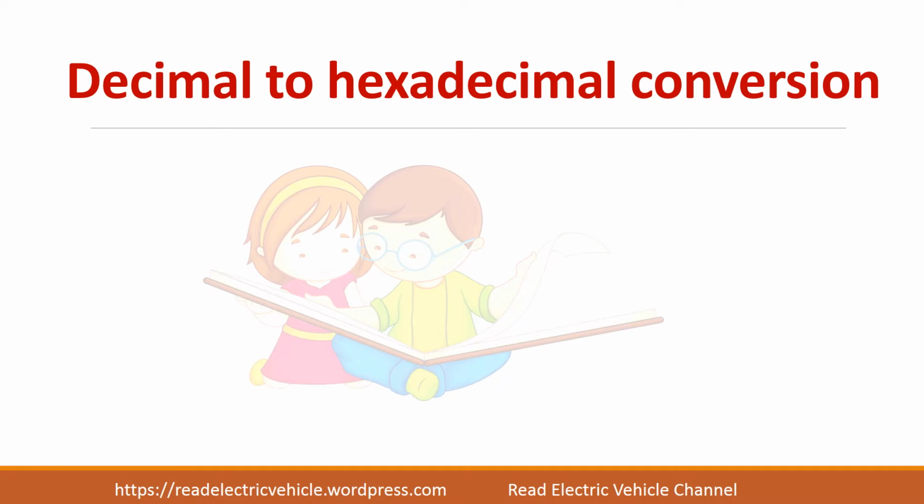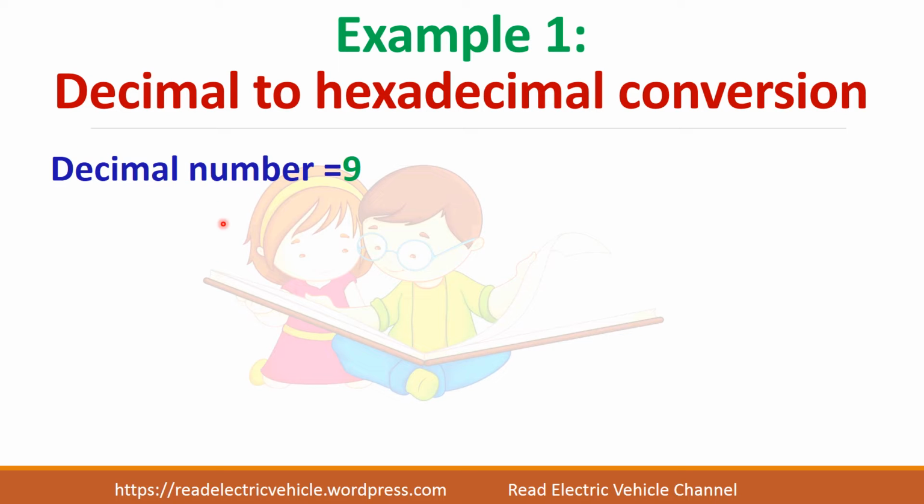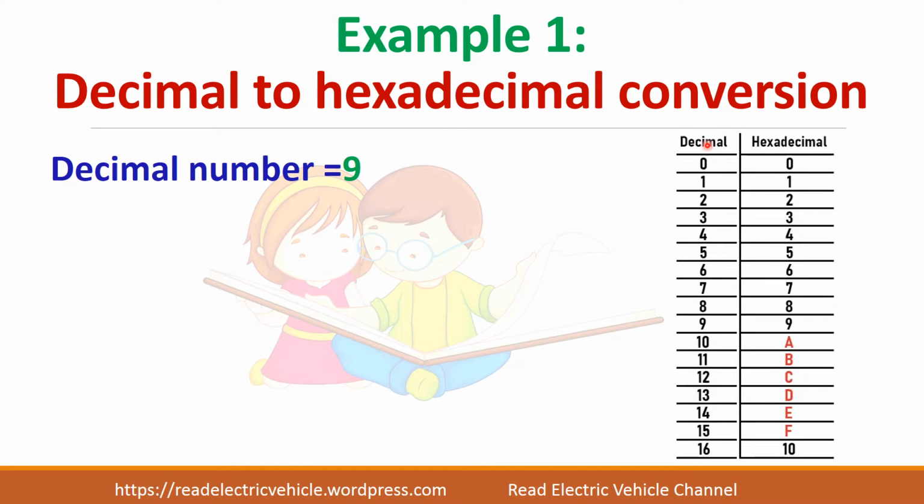Let us learn the conversion using 3 examples. First, a decimal number of 9 is given. So what will be the equivalent hexadecimal number? You see this table, decimal and hexadecimal. We know in decimal 0 to 9 and hexadecimal also has 0 to 9.